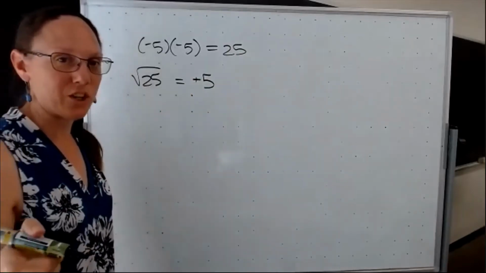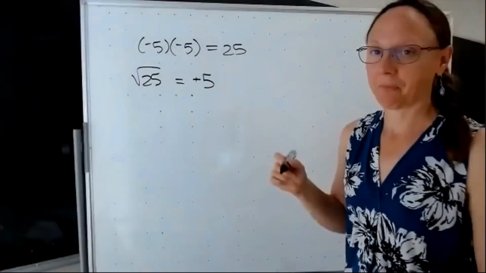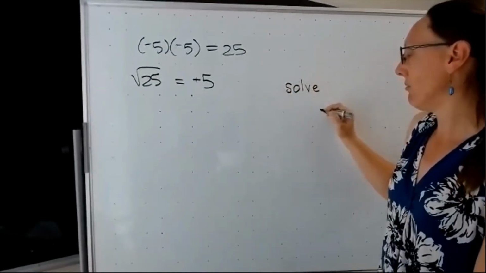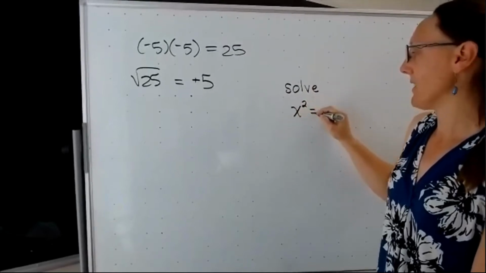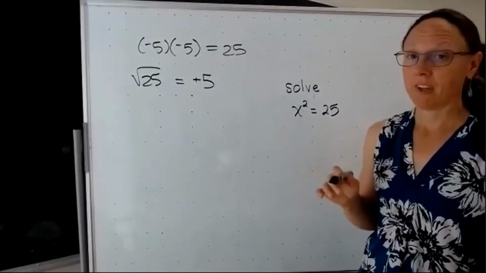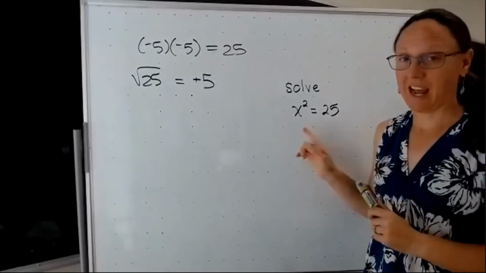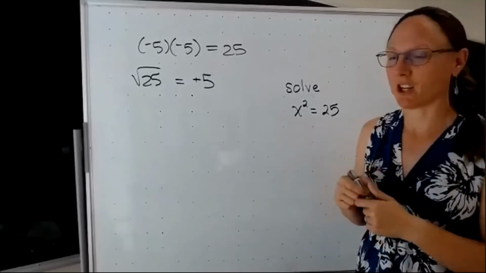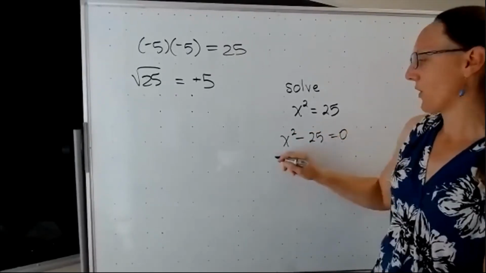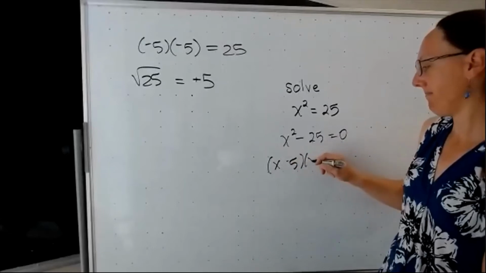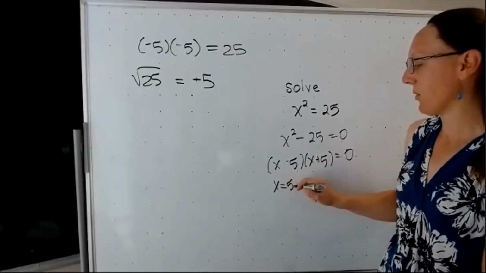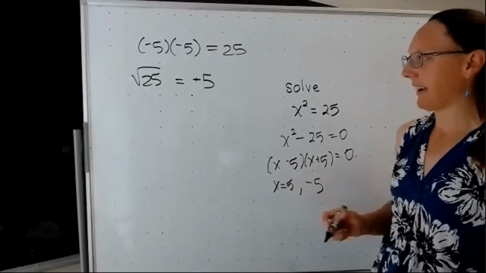But since the question got asked, I will address it right now. If I asked you to solve x squared is equal to 25, personally, I've got a something squared. I want a 0 on one side of that equal sign so that I can factor that, so that I get that x is equal to 5 or -5.